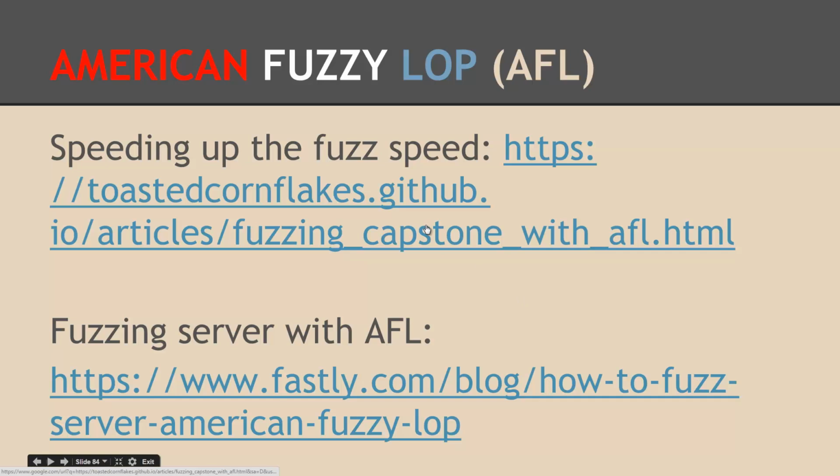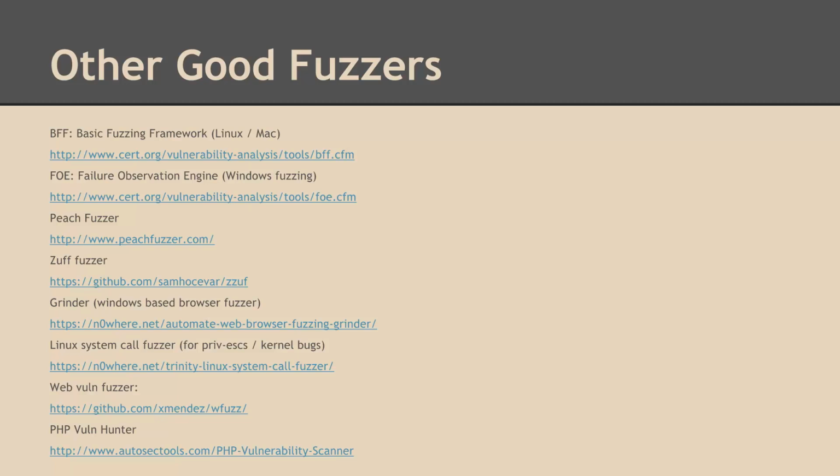There are a couple blog posts worth mentioning here at the end. Speeding up the fuzz speed is documented here, and using AFL for fuzzing a server with a protocol instead of a file format is a good read and described here. There are several other good fuzzers worth mentioning.